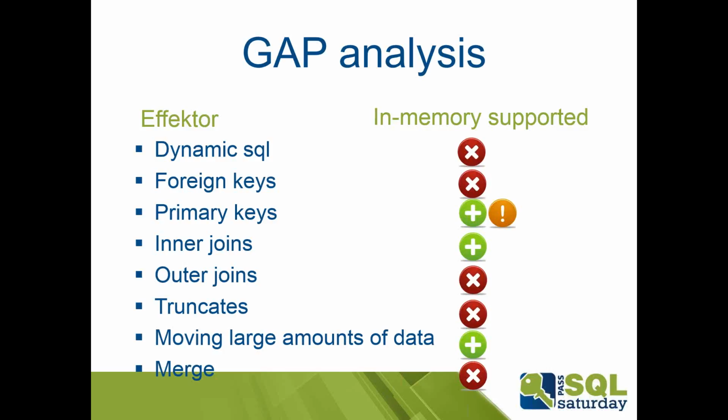Our application Effector relied really heavily on dynamic SQL. All SQL statements were built from metadata at runtime. So whenever something was executed, it just went in, built a dynamic SQL statement, and fired that off. Not supported within memory optimized tables. So that was the first hurdle. We needed to figure out how to get around this.